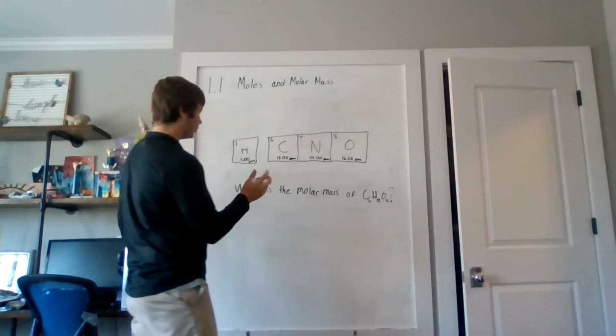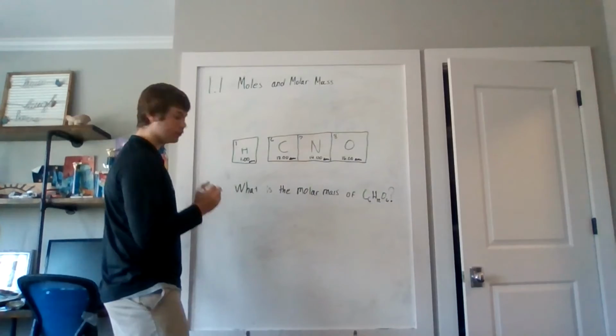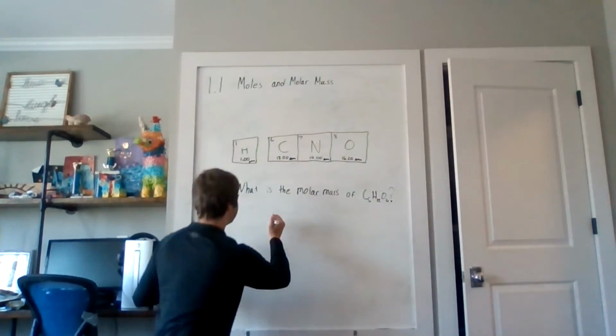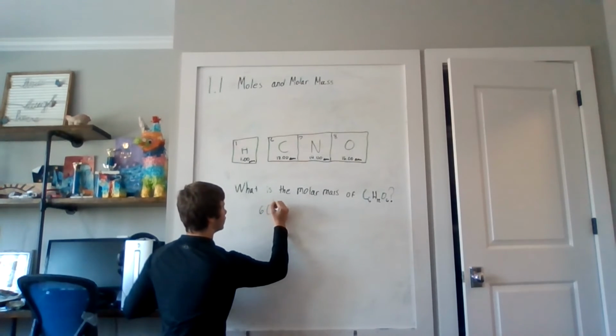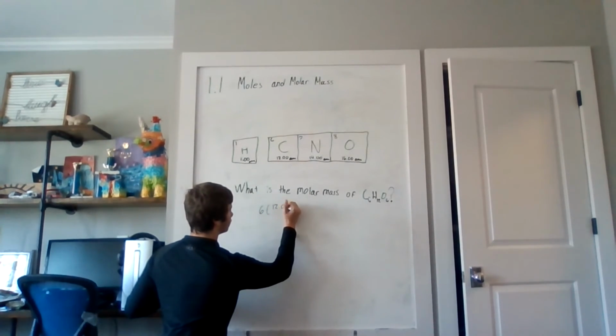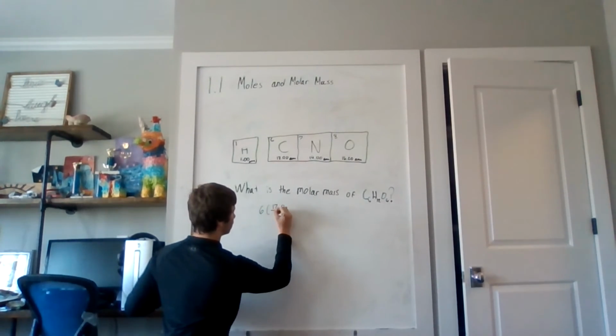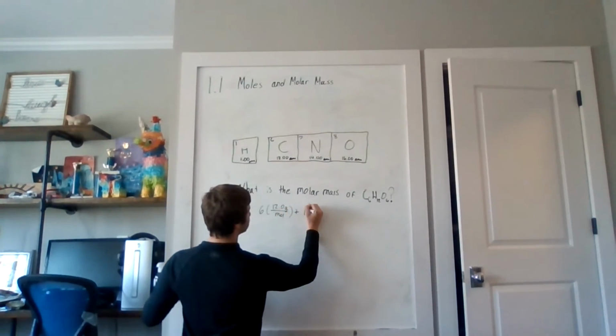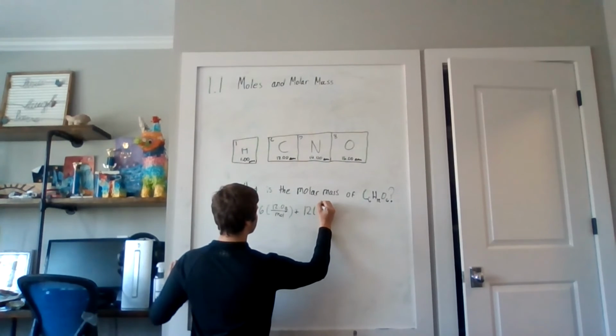So first, we have 6 carbons. So we're going to set up 6 times 12 grams per mole, plus 12 times 1.00 grams per mole for the hydrogens.